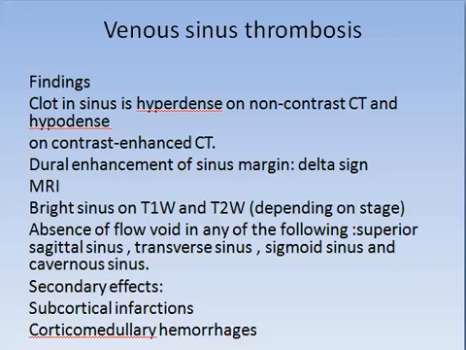This depends on age, whether it appears subacute, late or early, and the absence of flow void in any of the following: superior sagittal sinus, transverse sinus, sigmoid sinus, and cavernous sinus. We have secondary effects such as subcortical infarcts and corticomedullary hemorrhages.